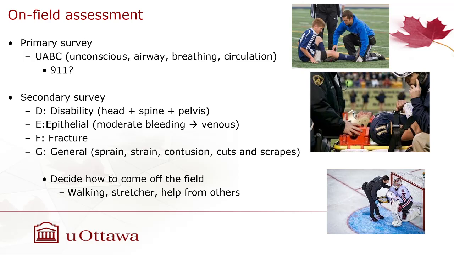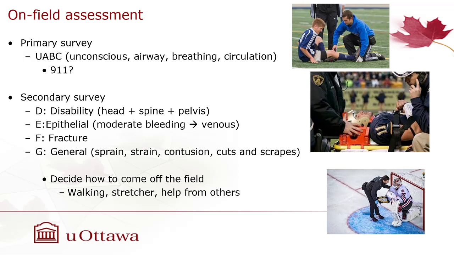E is for exsanguination: is there moderate bleeding, not arterial because that was part of your C, but like venous bleeding? Is there internal bleeding in the abdomen or the chest cavity that may cause a life-threatening situation down the road or cause severe disability as well?